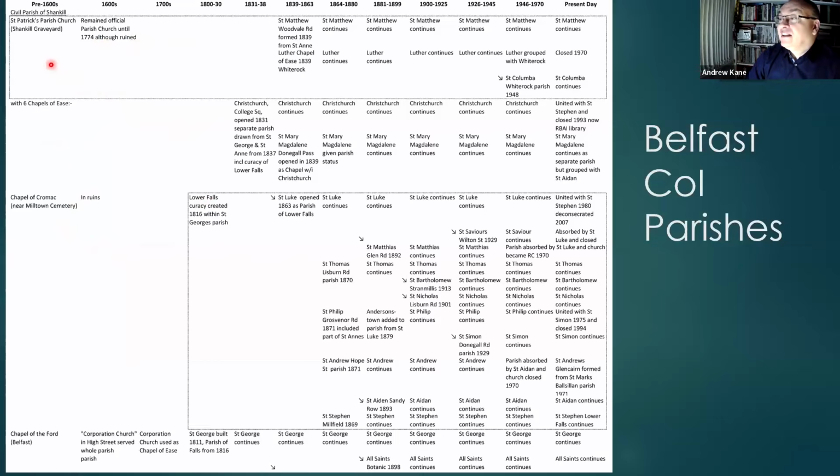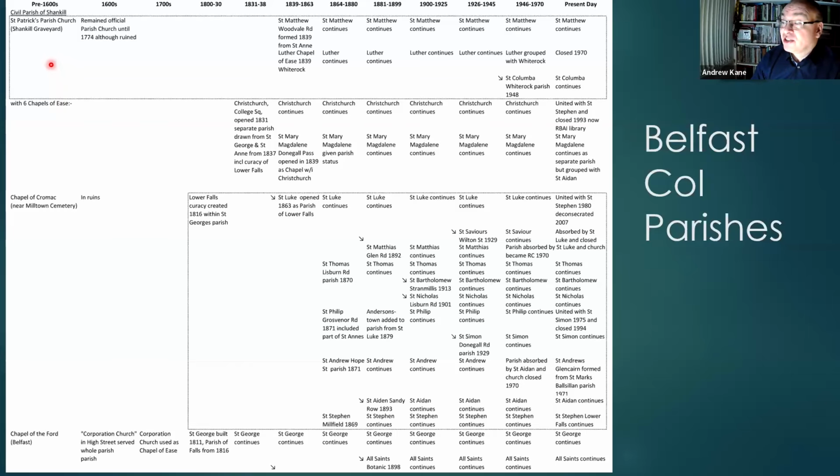So you can see that I have done a chart, a sort of flow chart showing how each of the parishes that became created, what parish they were hived out of, and if more than one, which others, when that was by year, and if the parishes then, particularly in the west of the city where a lot of the churches have been merged or closed, what happened when it closed, what it merged with, and so on and so forth.